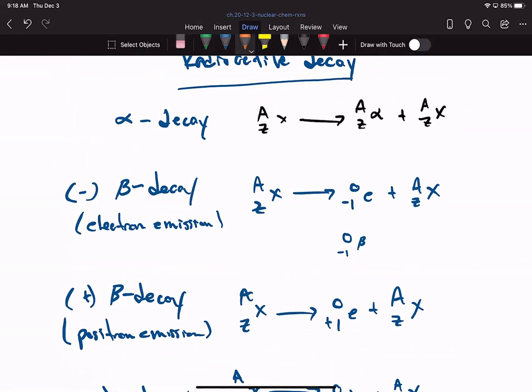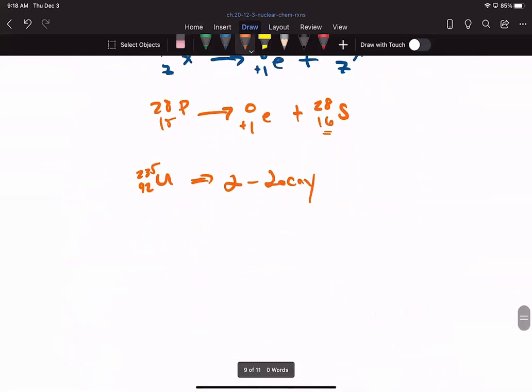I'd have to give you a final number for an alpha decay, and I think that's too much for right now. So just know that this is going to be alpha decay. There's a lot going on with how to get a formula for alpha decay. But we can do some more beta decay.